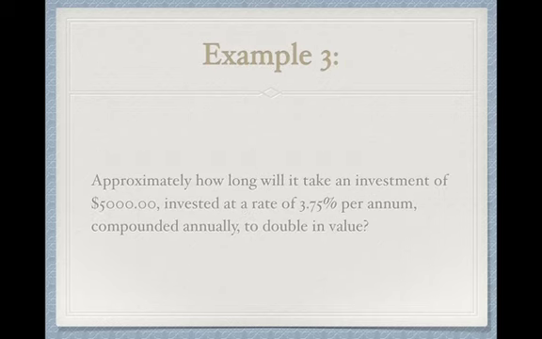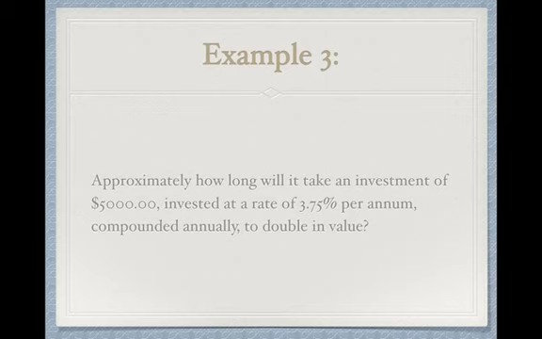So in this one, it's asking us how long will it take an investment of $5,000, right? So our principal amount is $5,000, invested at a rate, so our value of R is 3.75% per annum compounded annually, to double in value. Again, rule of 72 does have that little caveat that it only works when it's being compounded annually.